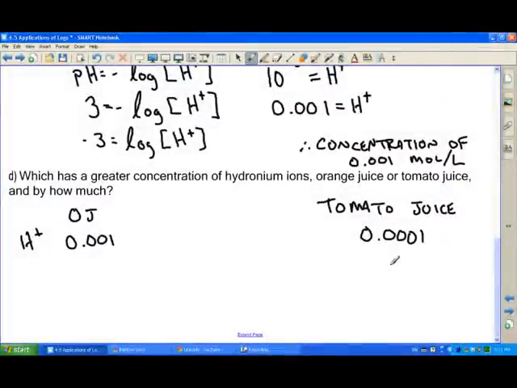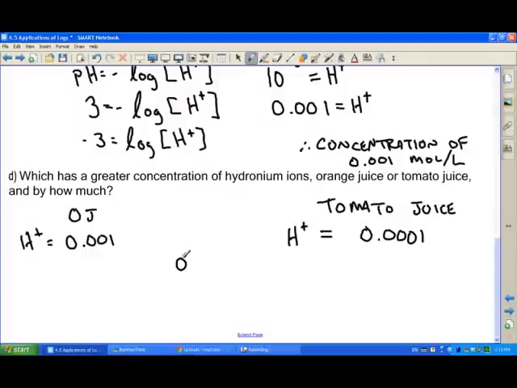So then the next question is asking us which has a greater concentration of ions, orange juice or tomato juice, and by how much? So looking back at what we did, we found that orange juice has a hydronium ion concentration of 0.001. Tomato juice has a concentration of 0.0001. So by how much more does orange juice have a concentration of hydronium ions?